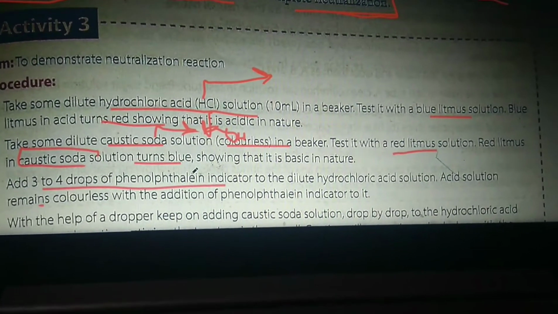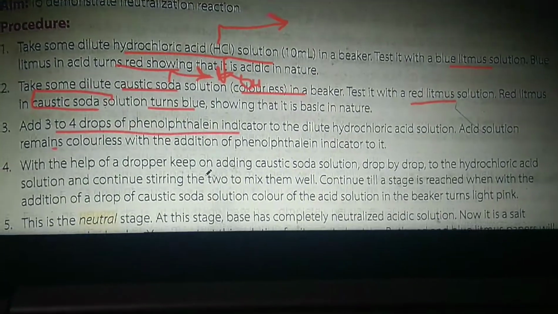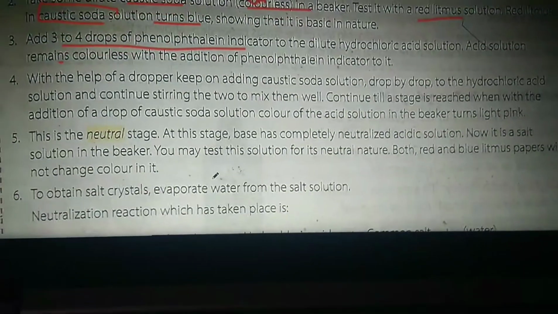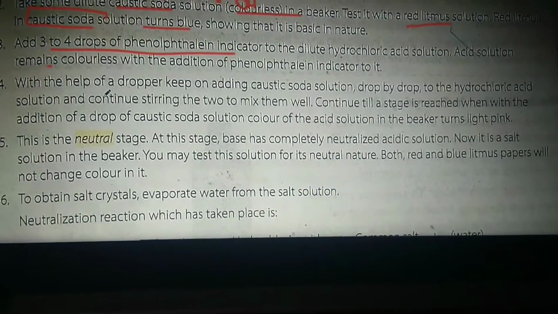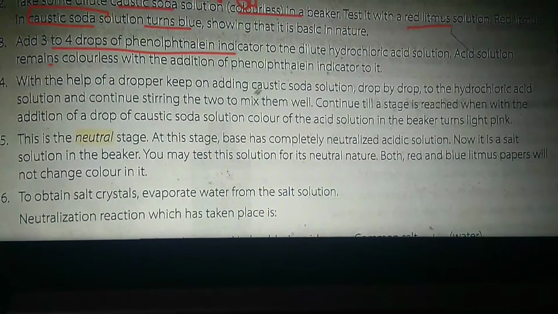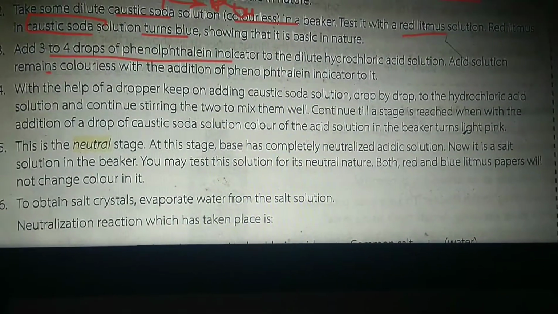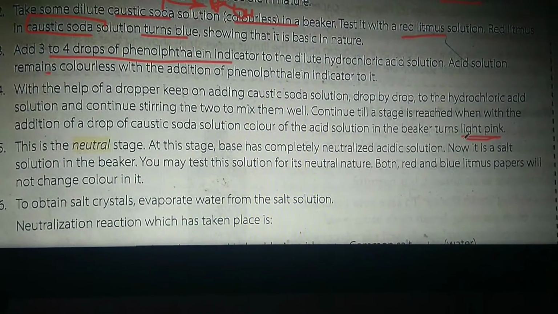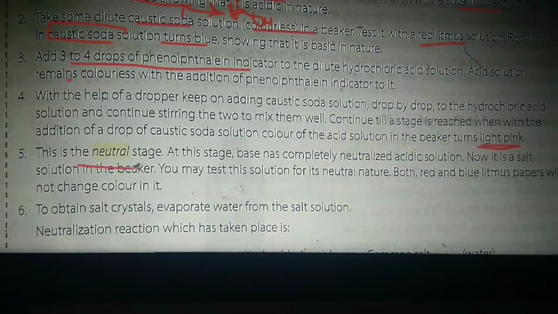But with the addition of NaOH, when we add NaOH drop-wise, we see a point has come when it turns pink in color. So this is the neutral stage.